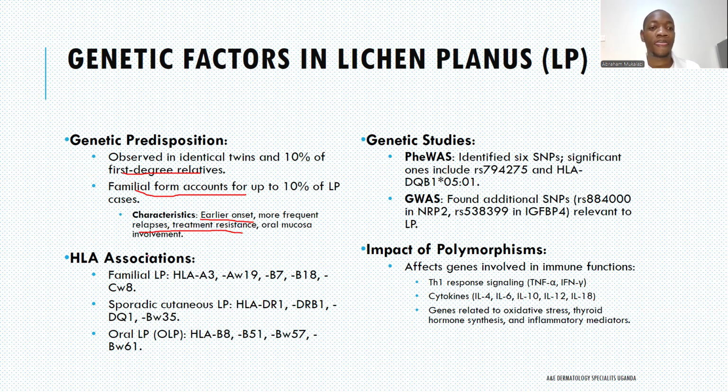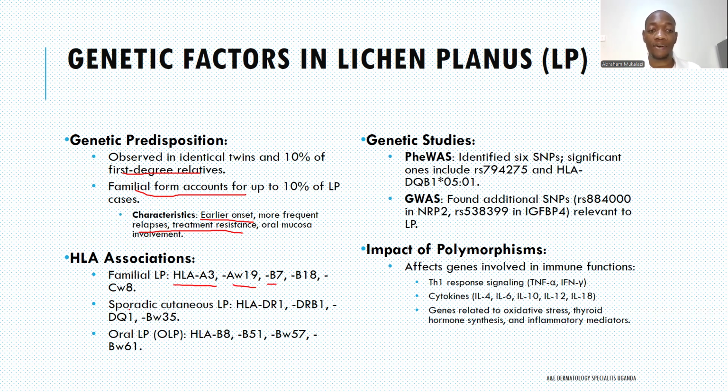And the HLA, or human leukocyte antigen, associations with lichen planus include HLA-A3, HLA-AW19, B27. B7 is also seen in psoriasis, B18, then CW8.